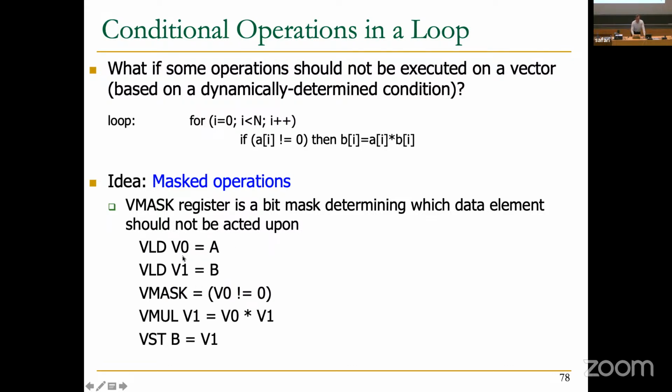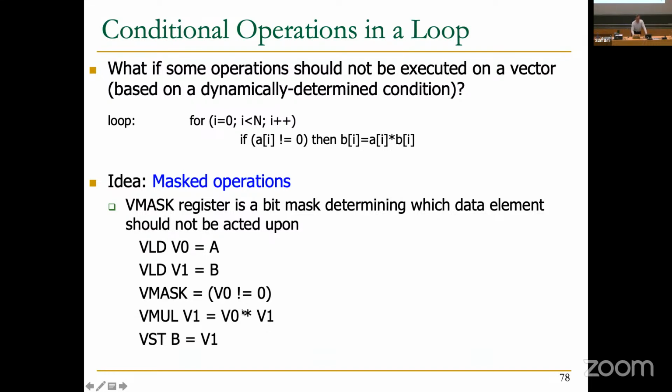You vector load V0, V1, A, and B, as we normally do. And then we set the vector mask register by checking whether each element of vector 0 is not equal to 0, based on this condition. This sets the vector mask register. Elements corresponding to not equal to 0 being true are set to 1. And everything after this takes effect depending on this vector mask.